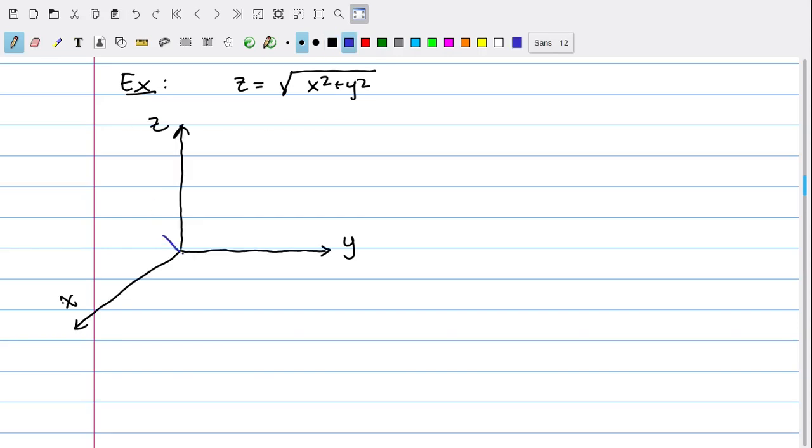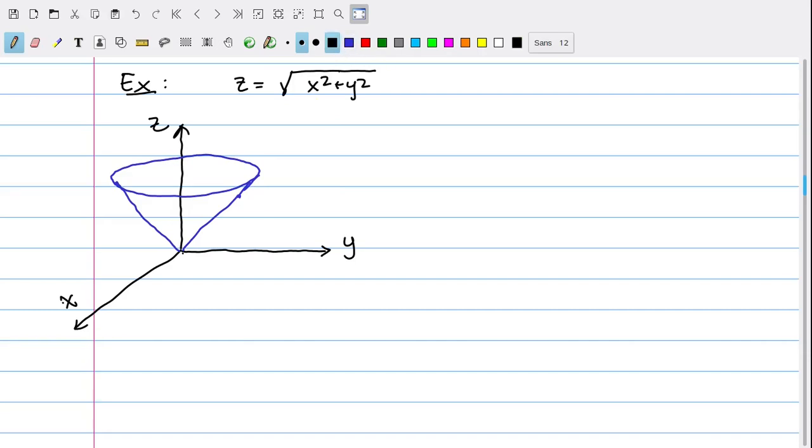For example here, I can think about the cone described by z equals the square root of x squared plus y squared. Graphically, this is just the upper part of a cone, so it's not the lower half at all, because I've already taken the square root and taken the plus part. But this is the surface that I'm describing.